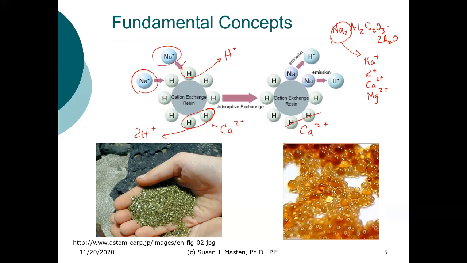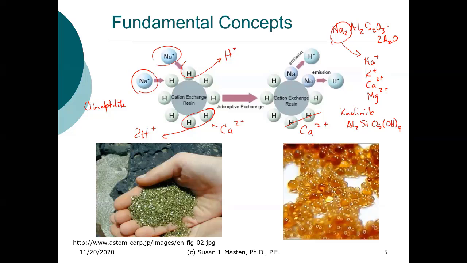They can be a clay material. So clays are actually very good at acting as an ion exchange material. So for instance, kaolinite, which is a type of clay, is Al2Si2O5(OH)4. So it's the OH group that is exchanged.